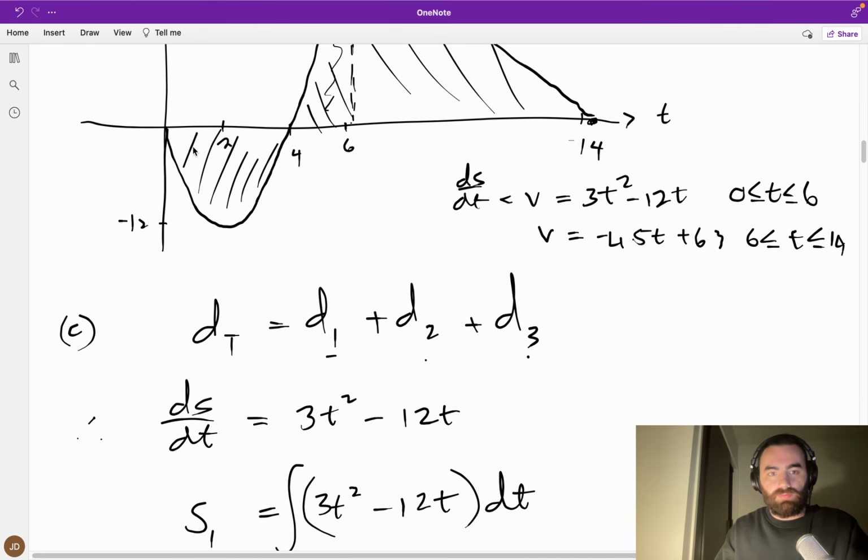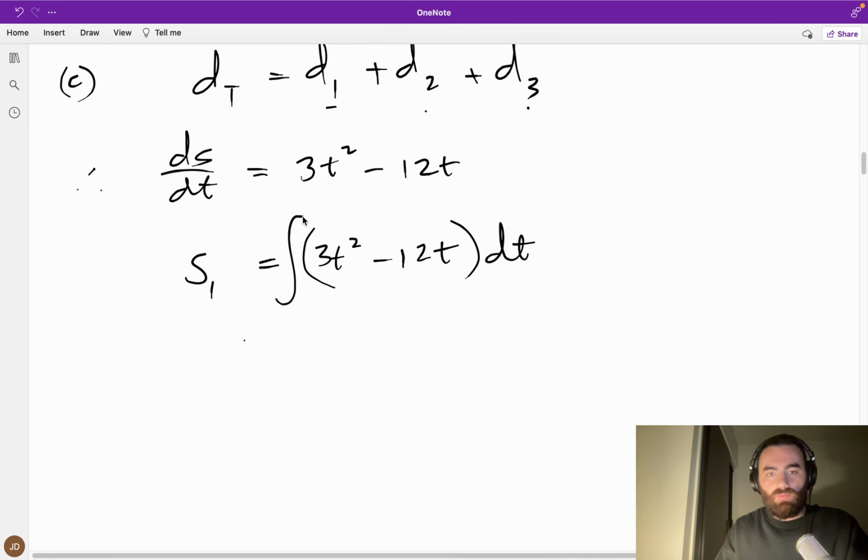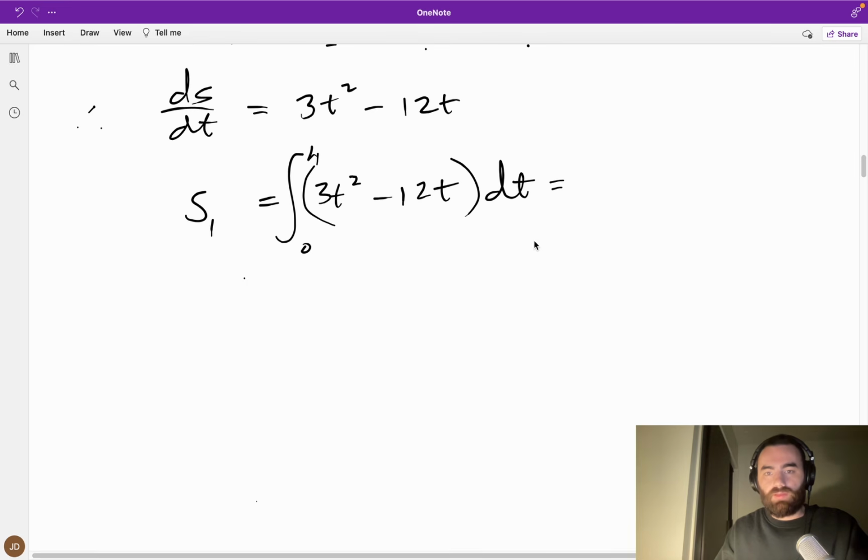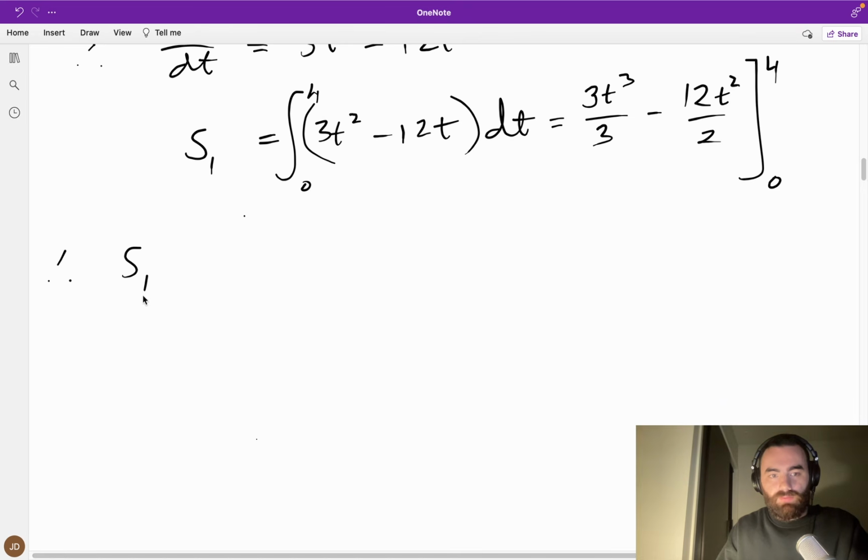So S1, the displacement here, will be between 4 and 0. What does that equal? I'm integrating: 3t cubed over 3 minus 12t squared over 2, between 4 and 0. Simplifying a little more, S1 equals t cubed minus 6t squared between 4 and 0.